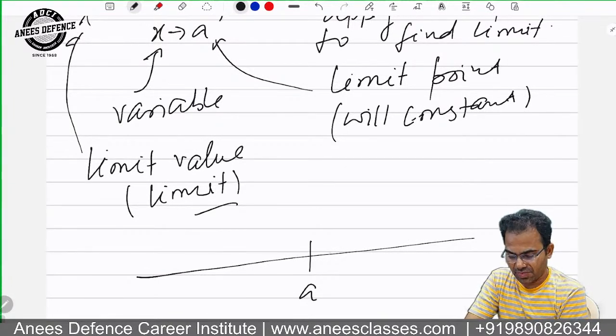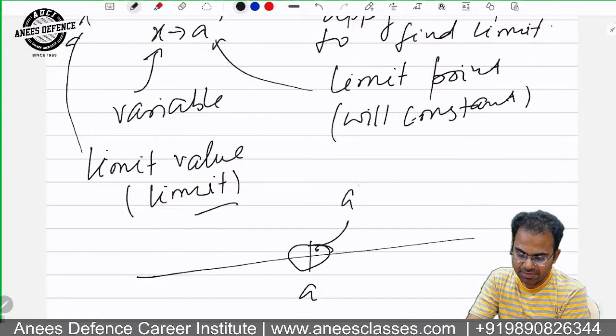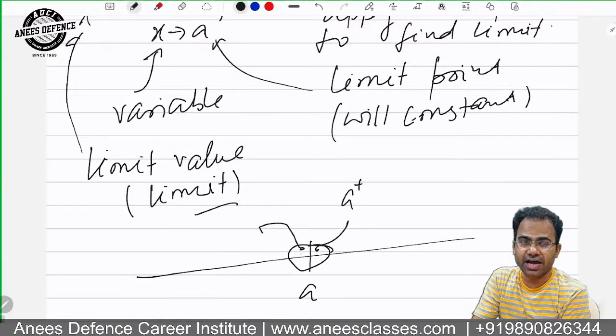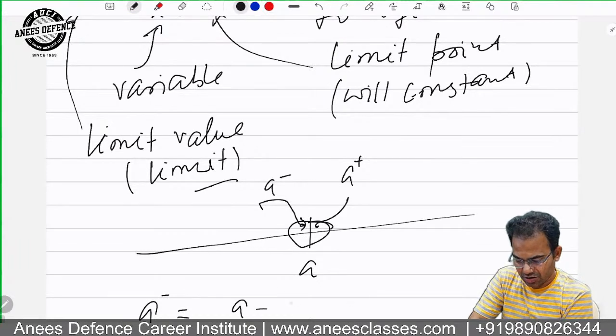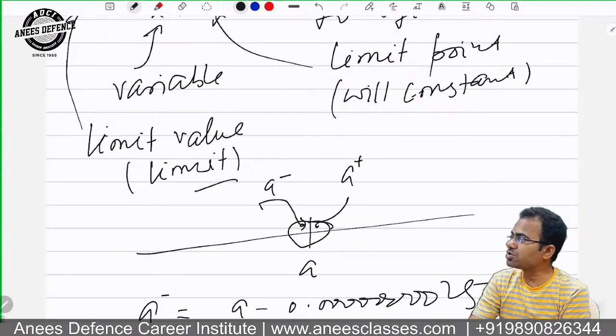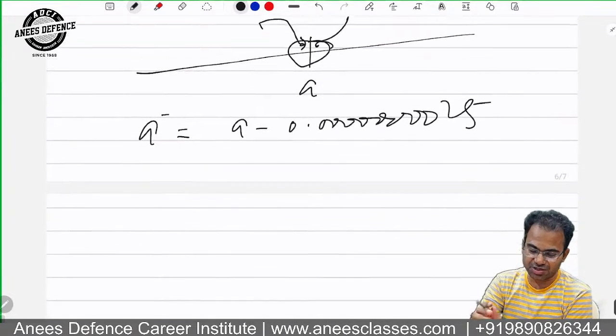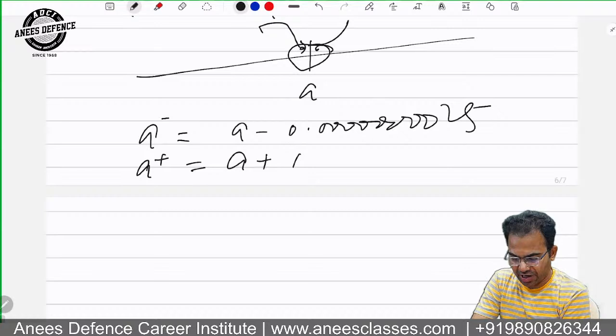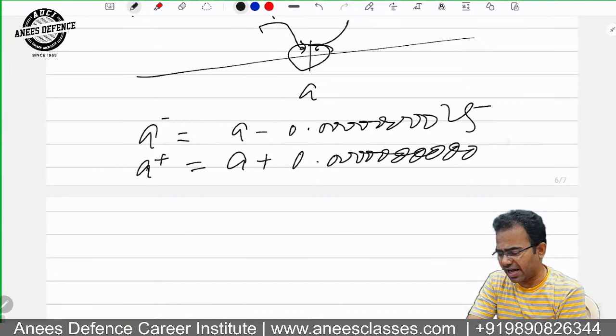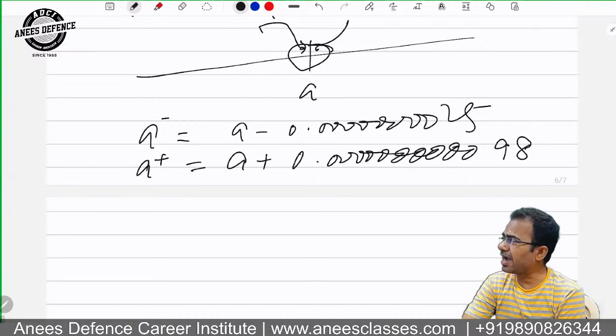Here A, the neighborhood of A is A plus, the right side, and the left neighbor is A minus. A minus means A minus 0.00000000, any non-zero number after many zeros, and A plus means 0.000000000000, after many zeros you write some non-zero number, say I take 98.